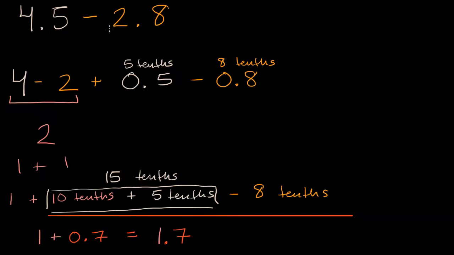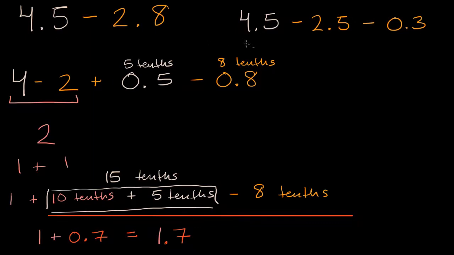One strategy, and this is the one that I typically do in my head, is I write this as 4.5 minus 2.5 minus 0.3, or 4 and 5 tenths minus 2 and 5 tenths minus 3 tenths. Now why did I write it this way?